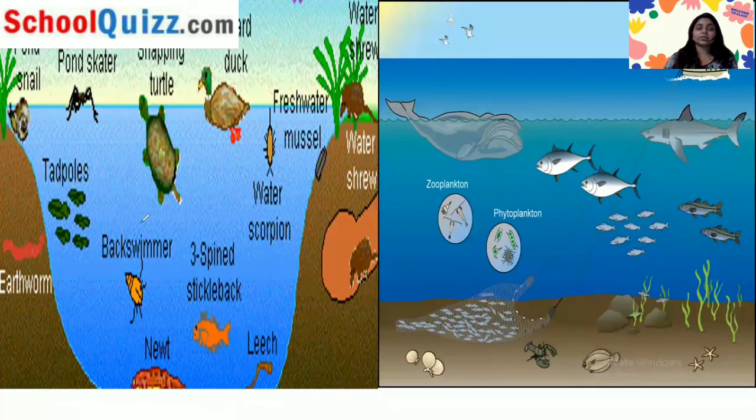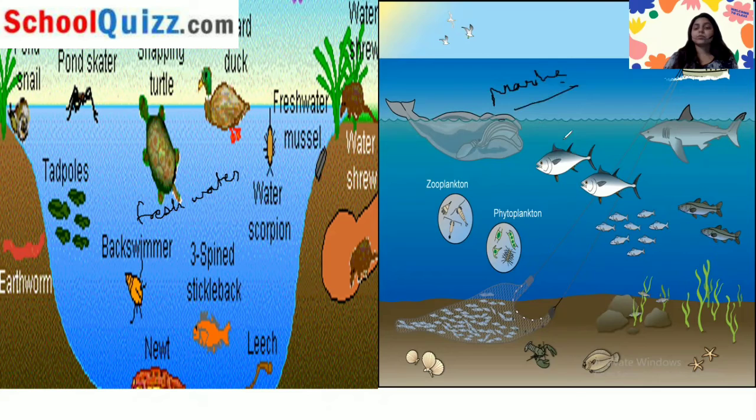This is a freshwater ecosystem, and this is a marine ecosystem. In the marine ecosystem, the salt level in the water is very high, and in the freshwater ecosystem, the salt level is very low. So this is the basic difference between the freshwater and the marine ecosystem.